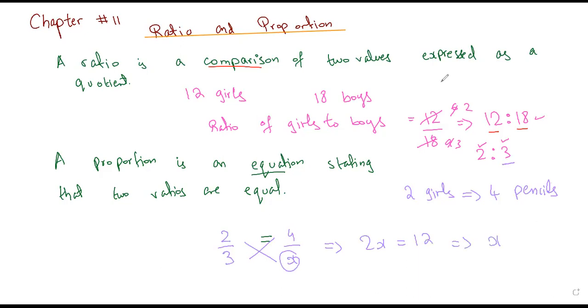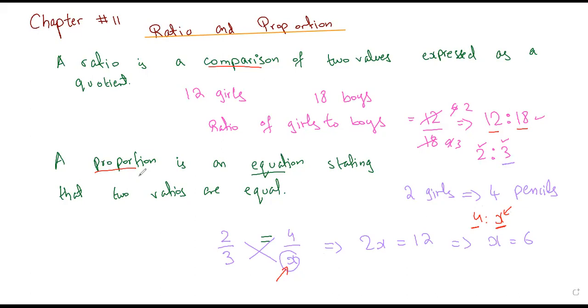Now I repeat, okay? In these questions, we will be using proportion because we would be interested in finding out this x. Forget about it if you did not understand the context, just know that we have two ratios, okay? One is 2:3 and the other one is 4 ratio something. I need to find that something. I know that this quantity is 4 for girls and I am interested in finding out the quantity for boys, okay? So this is how I do it.